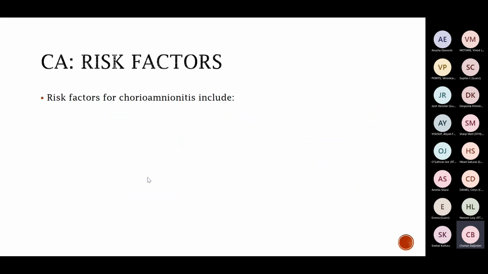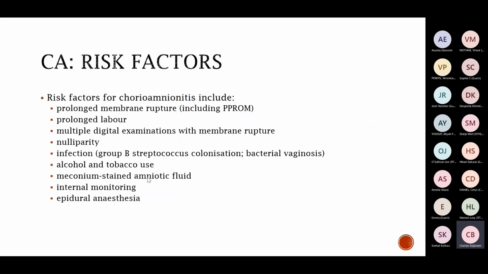I think we've covered most of these risk factors already, actually. So let's see. Prolonged SROM, prolonged labour, multiple VEs with membranes ruptured, being a primip, Group B strep, alcohol and tobacco use. I guess that's partly compromising your immunity on top of being pregnant. Having meconium, actually, yeah, that's a really important one that we haven't mentioned at all yet.